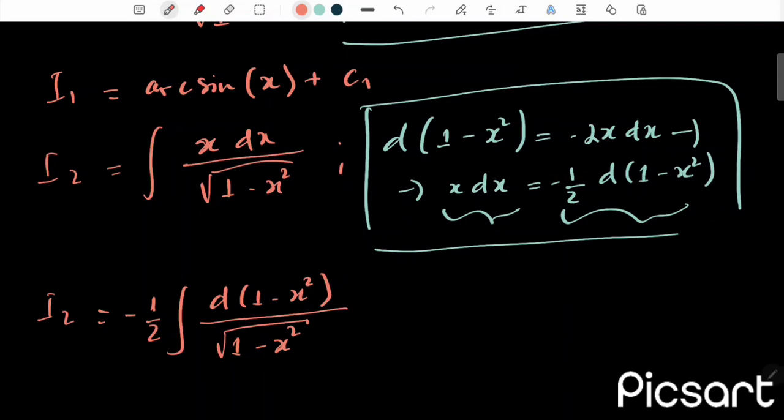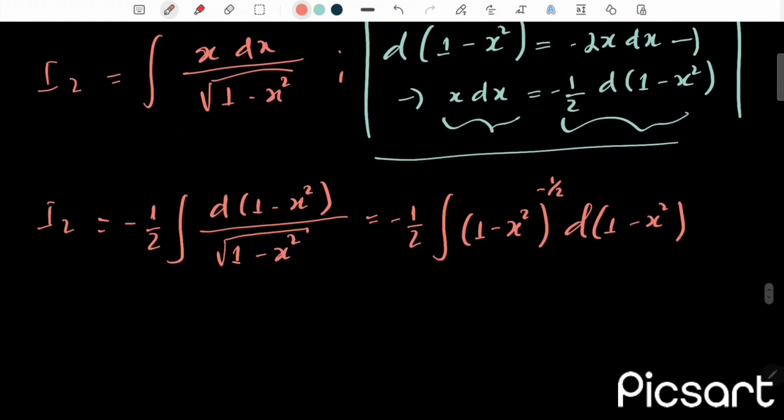And we can write this as minus 1 over 2 times the integral of (1 minus x squared) to the power of minus 1 over 2 d(1 minus x squared). And from here we can see that we can apply the following rule.